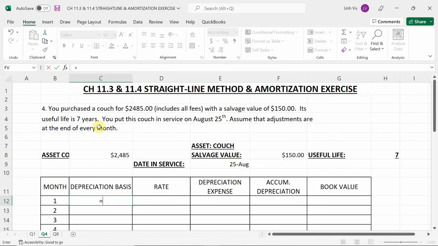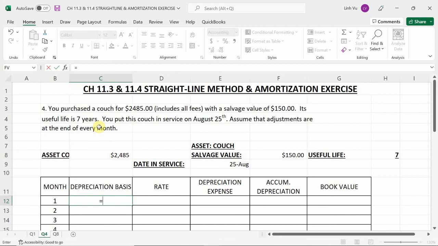What's the formula for solving for my depreciation basis under straight line? It's more than just the asset cost. Would it be the salvage value added to it? Well, I meant there's more. I don't mean to say add, I mean to say you have to include the salvage value. Now in this case, do you add or subtract?